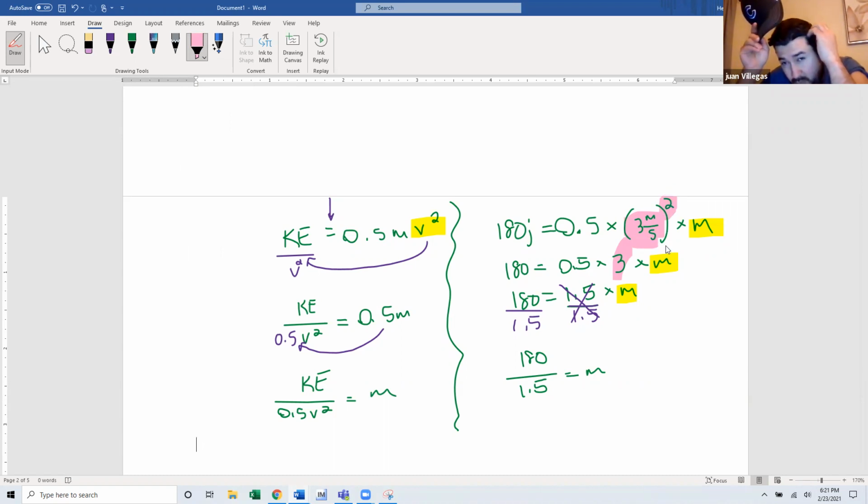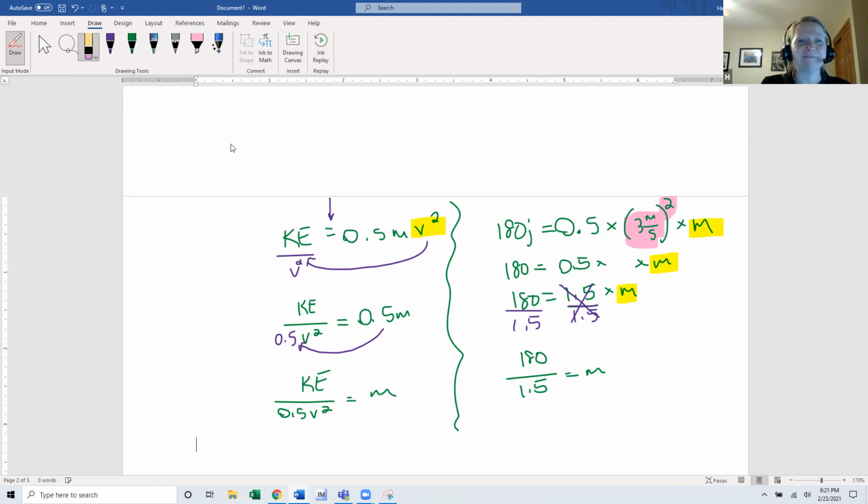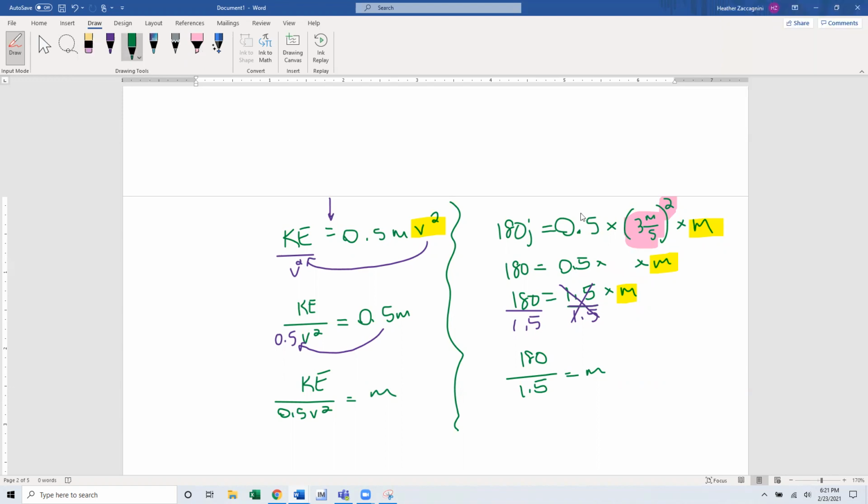Oh no, how did it say? Squared. We didn't square the 3. Because we never put it in the bottom. We were supposed to put it in the bottom too. So you have to divide by 4.5 instead of 1.5. Yes, 9. So this becomes 9 right here.